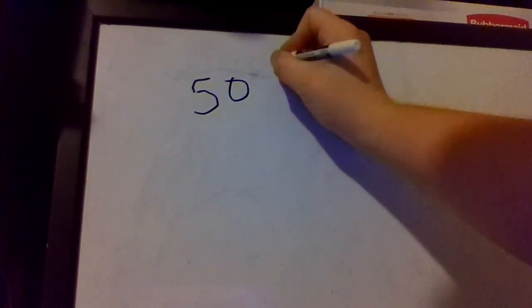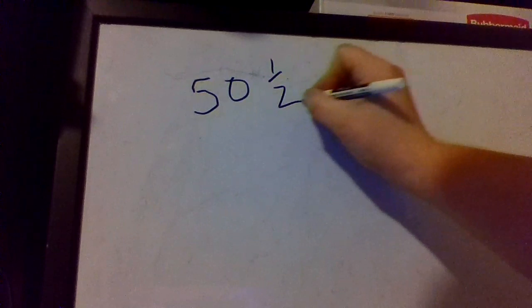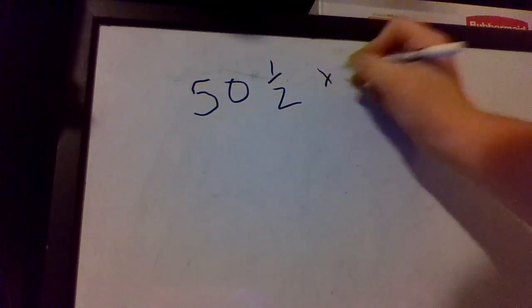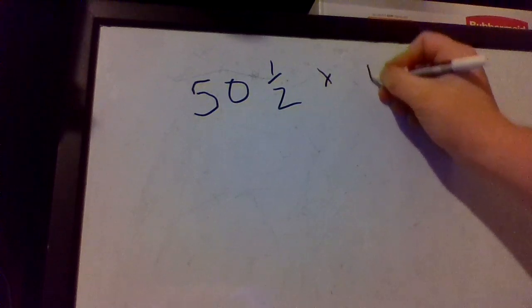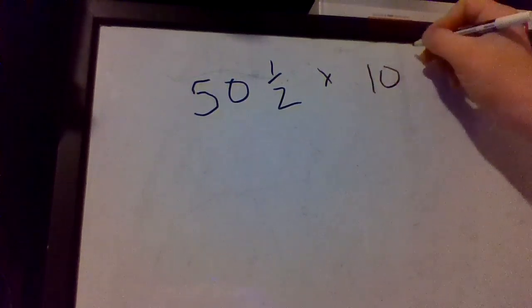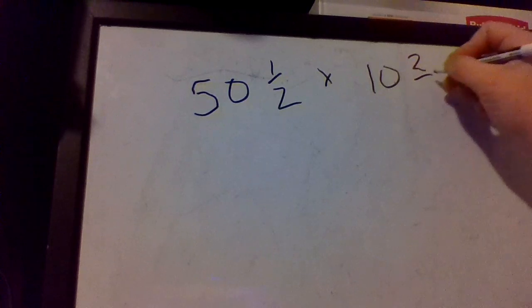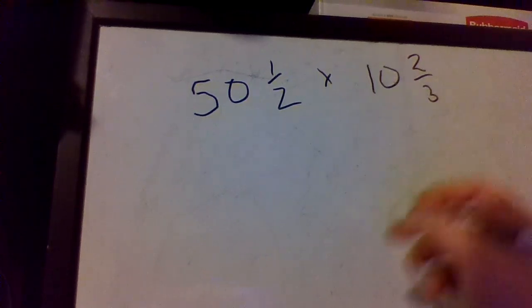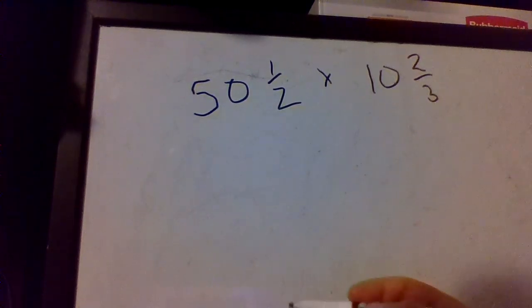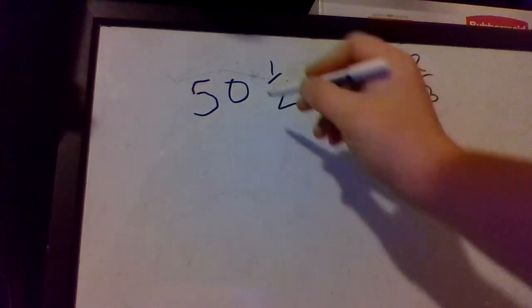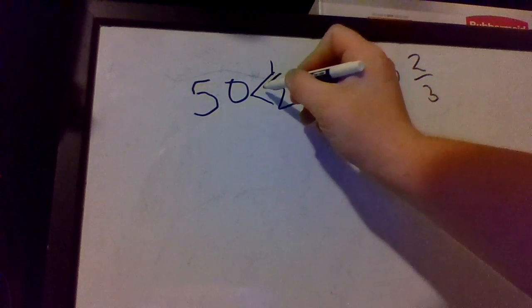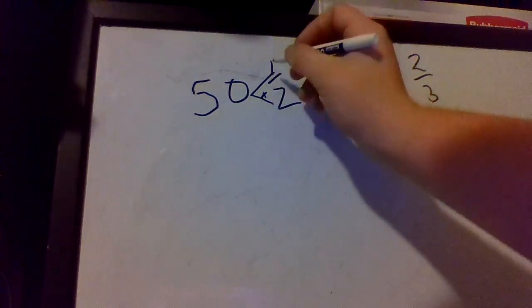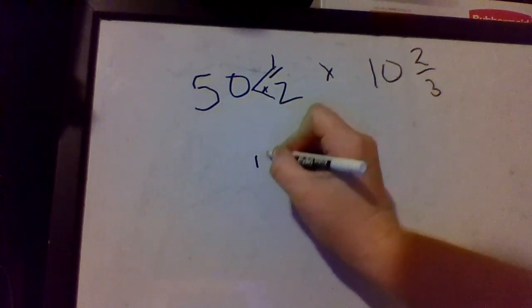So 50 and 1/2 times 10 and 2/3. Alright, so this is going to be tricky, but if you know the process, you know how to do it. 2 times 50 is 100. 100 plus 1 is 101.